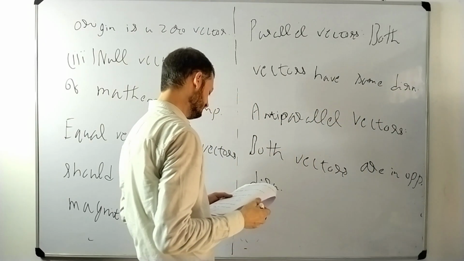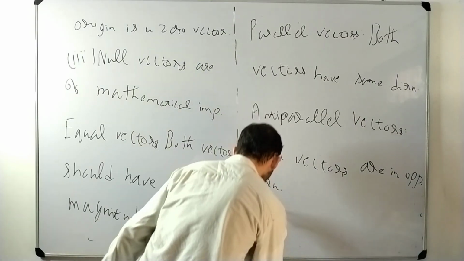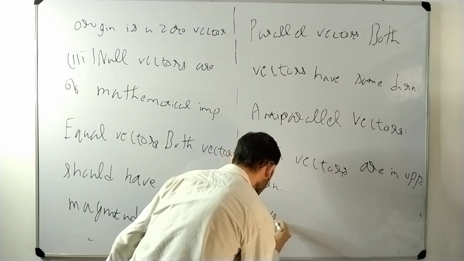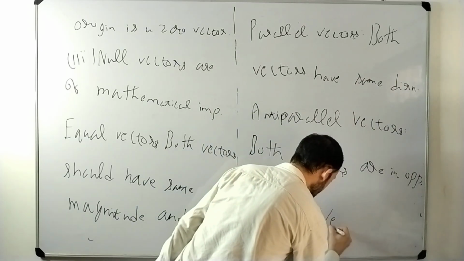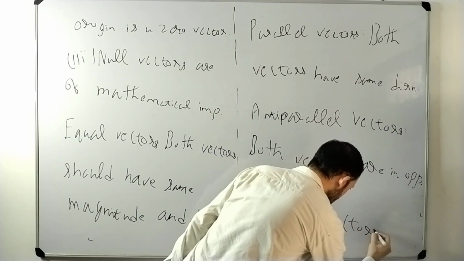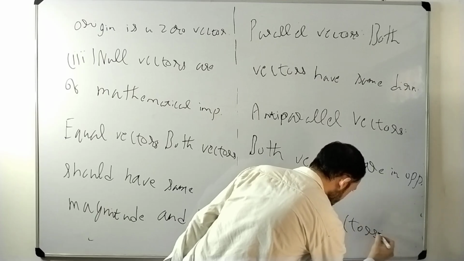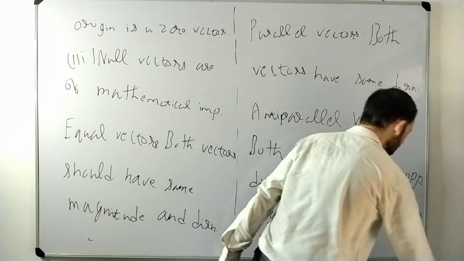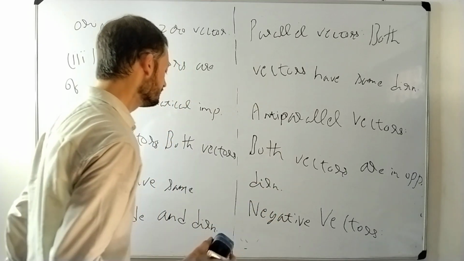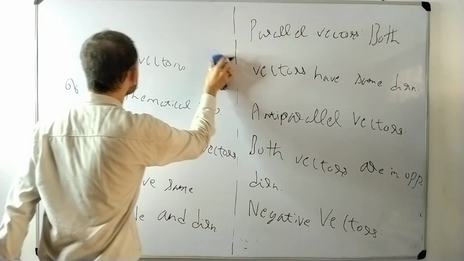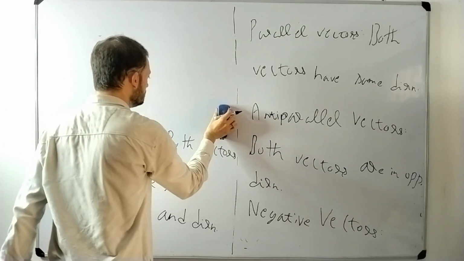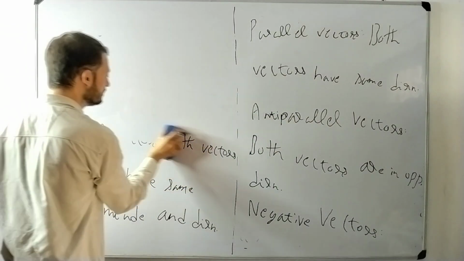Next part, negative vector. Negative vector is easy. You put a minus sign. Yes, students, but here is a property that I want to show you, which can be of much use in your future classes, even here, and when you move higher and higher.